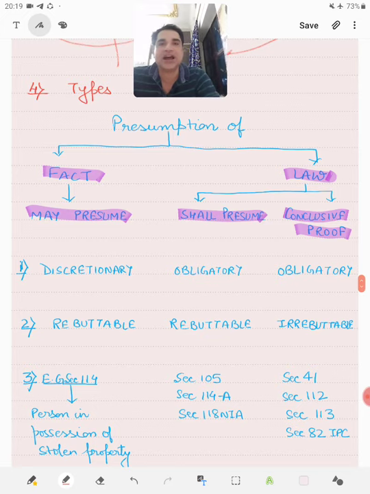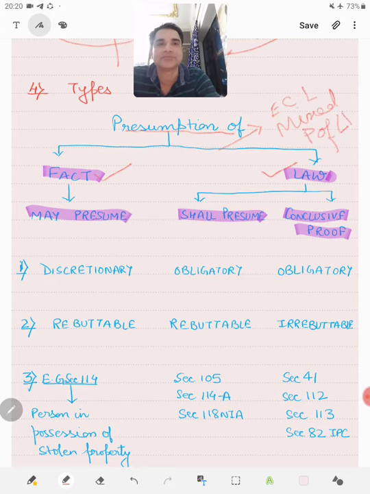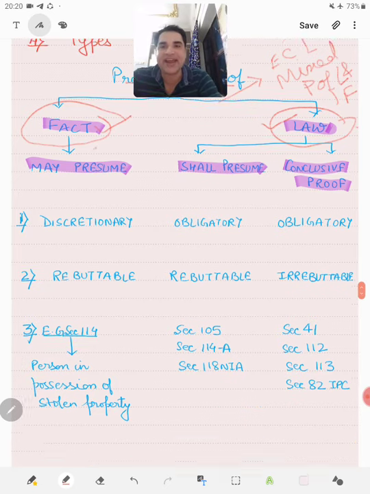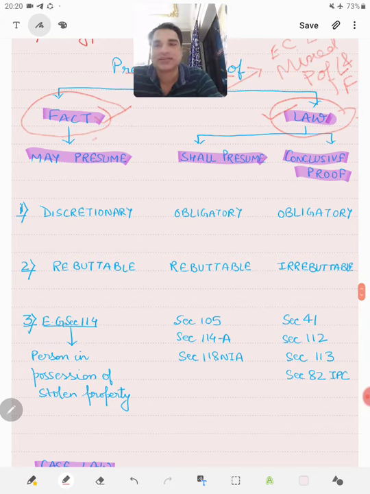Now, what are the various types of presumptions? Friends, presumptions are basically of two types: presumption of fact and presumption of law. Though one more third type is also applicable in English common law, and that is a mixed presumption of law and fact. But we will concentrate on these two types as are applicable in Indian laws, that is presumption of fact and presumption of law. Now, presumption of fact is what is given by the term may presume.